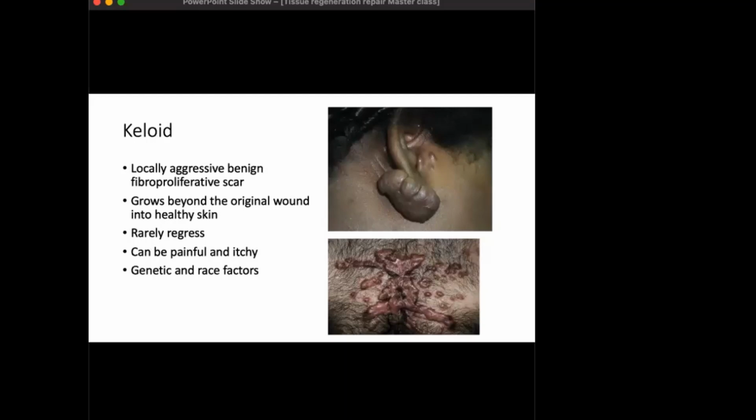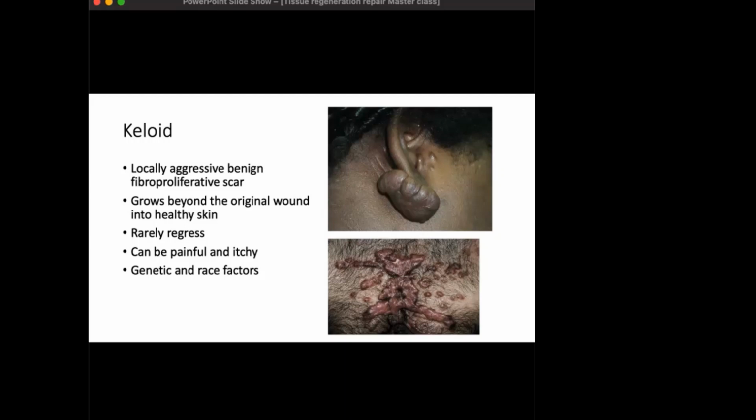It's a bit more symptomatic than hypertrophic. It can be painful and itchy, and there's usually a genetic or race factor involved. So if the patient has had scars previously, you can look at them, and if they have a genetic predisposition, they will develop keloid. So for these patients, if they are undergoing surgery, you really have to warn them of the possibility of developing keloid.